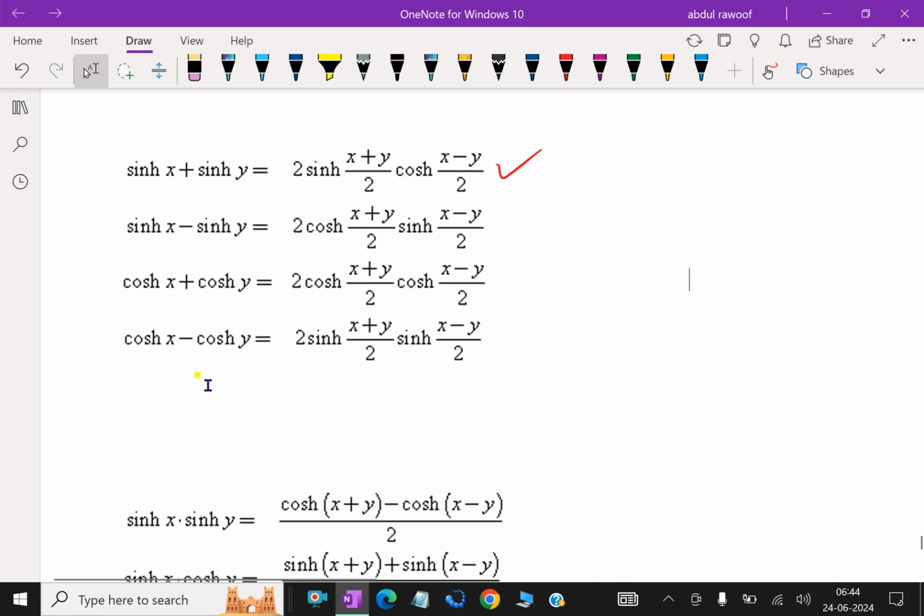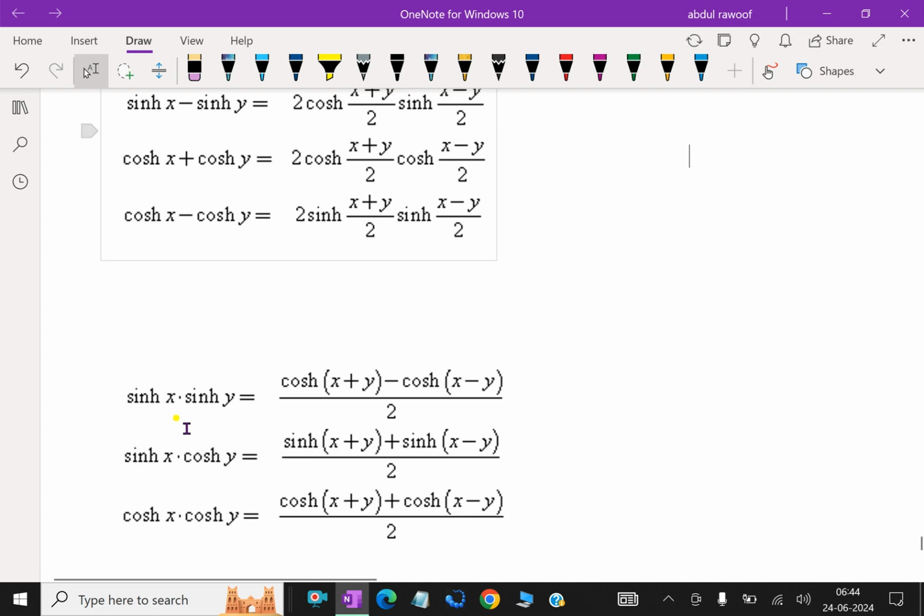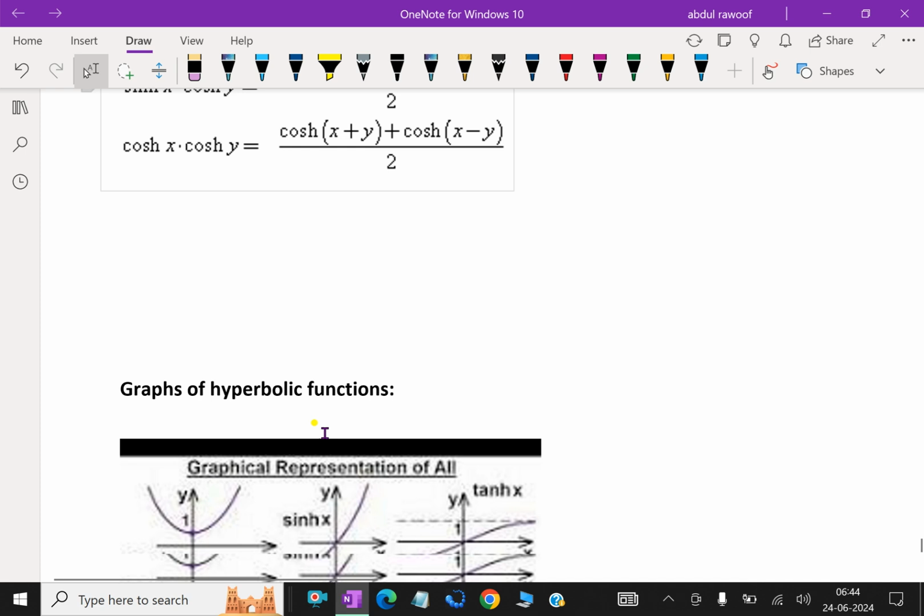How? By using some interchanging, we can get sinh x times sinh y gives (cosh(x plus y) minus cosh(x minus y))/2. By using those things, we can get these product formulas.